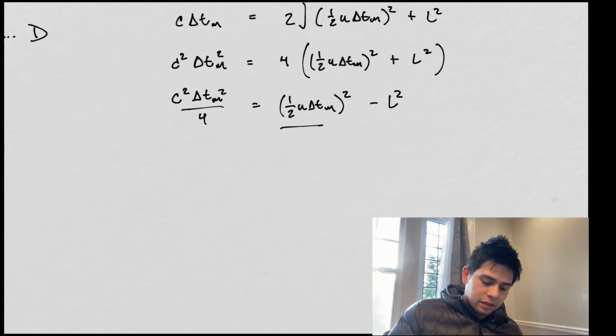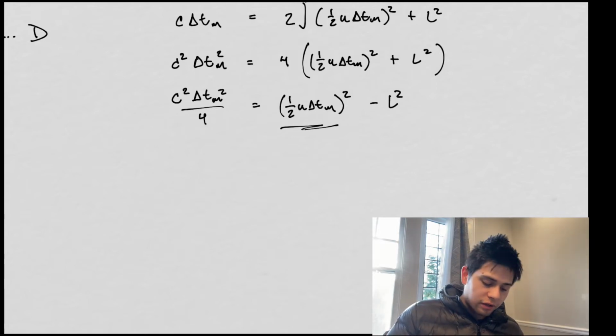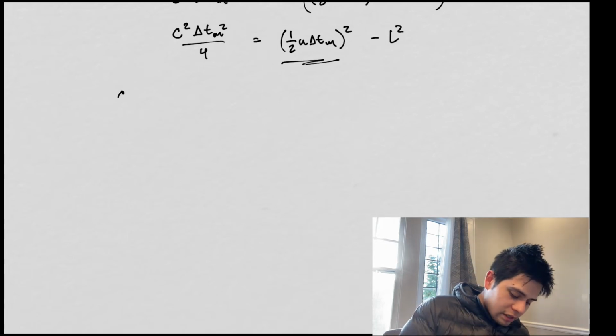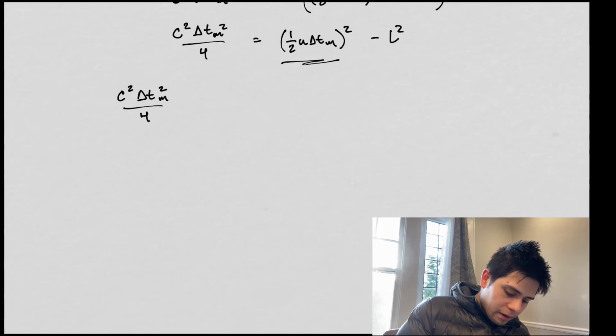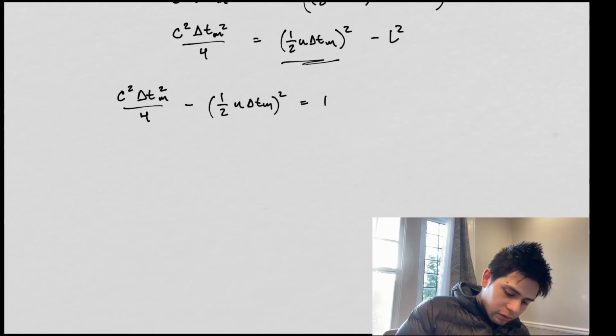Now we want to take this guy over. We want to subtract that because we want to get the delta t moving on both sides of the equation. We get c squared times delta t m squared over 4 minus 1/2 u delta t moving squared equals L squared.